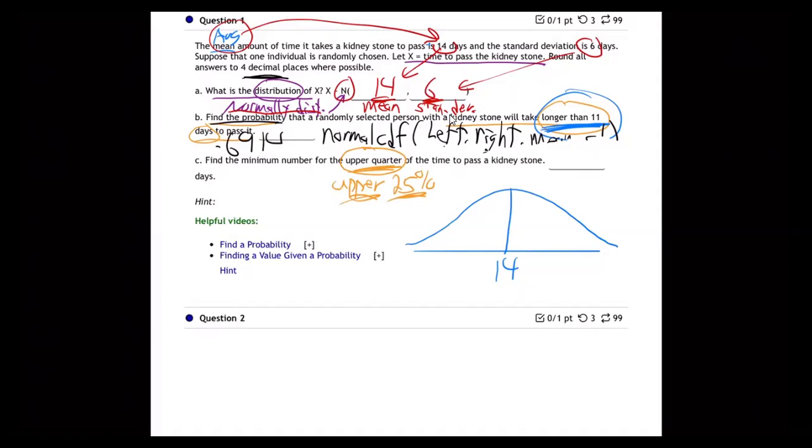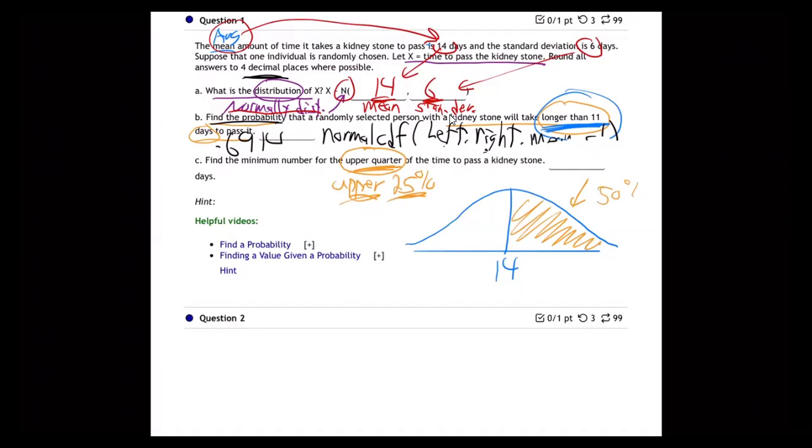So therefore, they want me to go to this kidney stone graph, and they want me to show the upper 25%. Well, how are we going to do that? What percentage is this right here? I just shaded part of it. What percentage is that? 50. Yeah, that's got to be 50% because that's half of the whole thing, right?